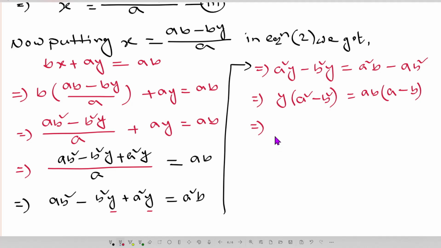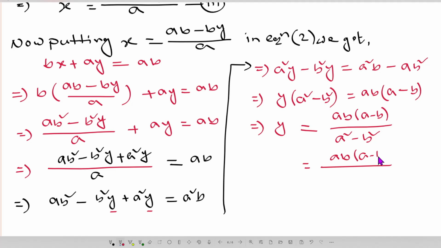Then we can write y equals ab times a minus b divided by a square minus b square. So here is ab, a minus b, against a square minus b square we can write a plus b times a minus b.